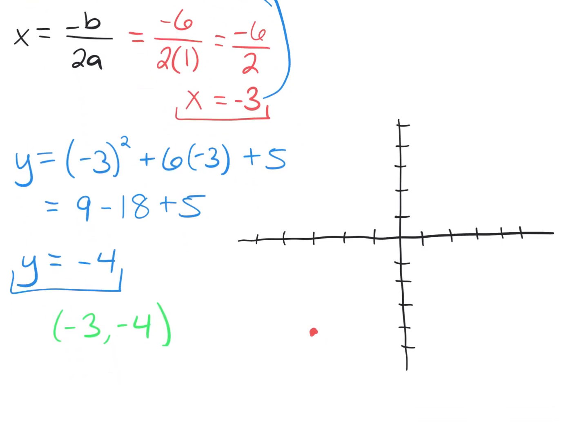Over 1, up 1. Over 1, up 3. Over 1, up 5. Did you run out of room? Yep. Okay, go back. Over 1, up 1. Over 1, up 3. Did you run out of room? Yes. Let's draw your picture.